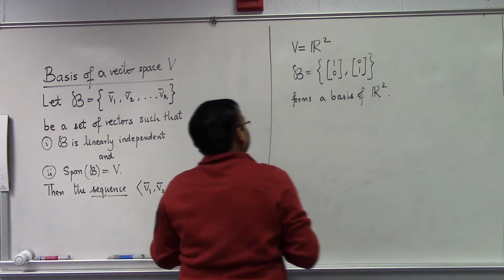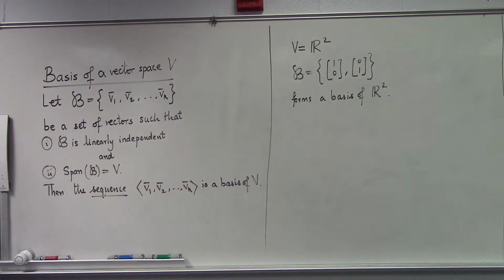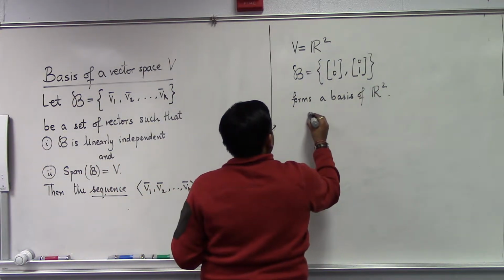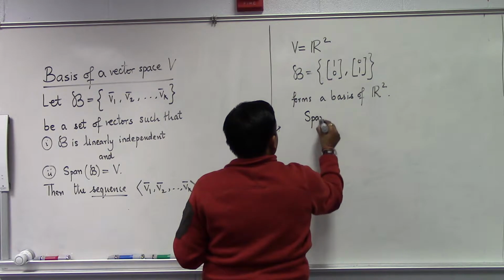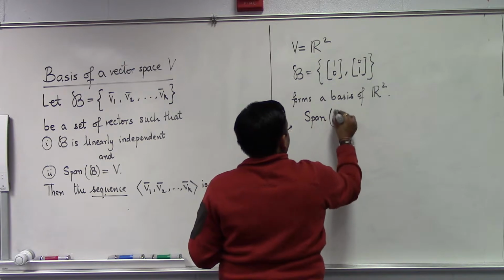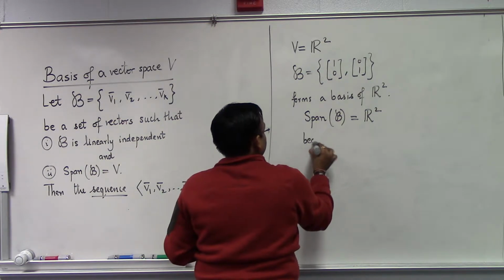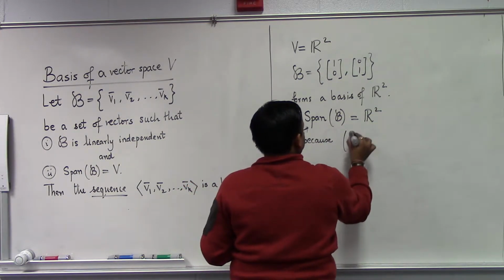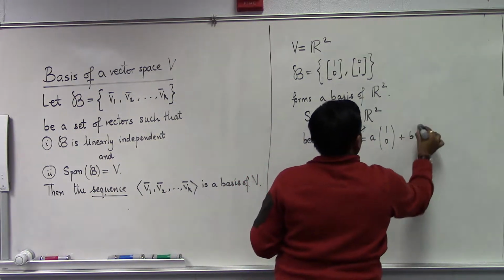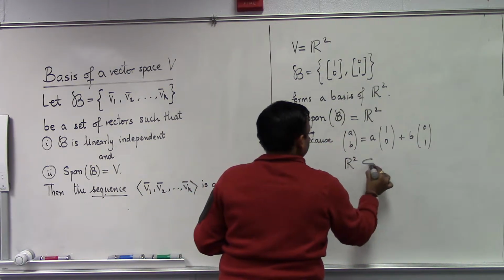And the reason for that is, for obvious reasons, it is a linearly independent set, because the vectors are not multiples of each other, and if you look at the span of this set, I claim that it is R2. Because if I pick any vector (a, b) in R2, I can write it as a(1, 0) plus b(0, 1). So any vector in R2 is going to sit inside the span.